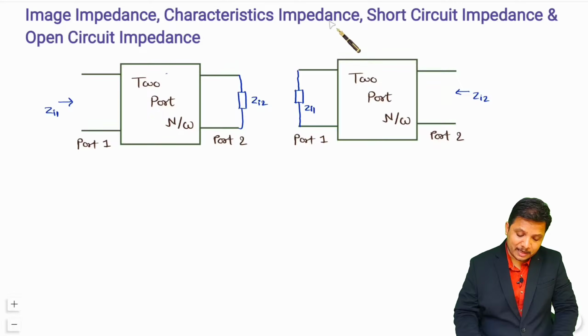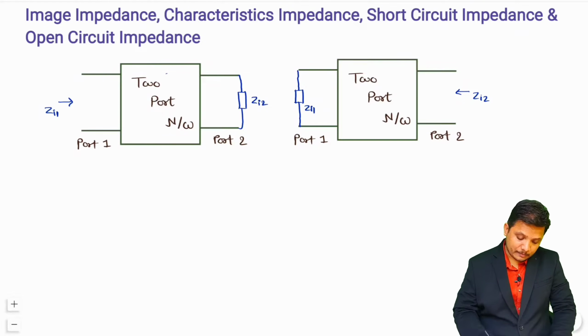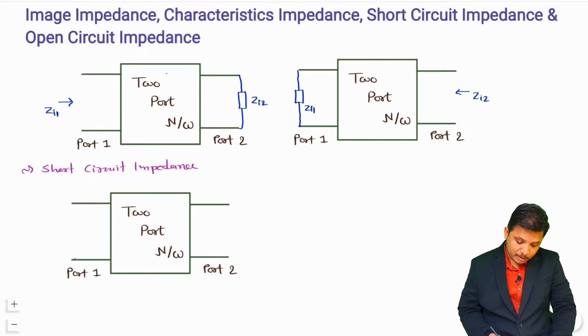But before characteristic impedance, let me explain short circuit impedance and open circuit impedance first, because characteristic impedance is based on short circuit impedance and open circuit impedance. Now my dear students, if you want to measure short circuit impedance over here, you will have to provide a short circuit at port 2.